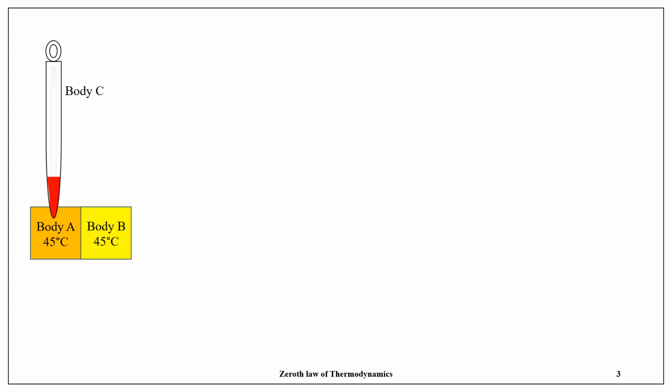This body C is in contact with body A alone, not with body B. Suppose the thermometer reads a temperature of 45 degrees Celsius, then we can say body C and body B are in thermal equilibrium.